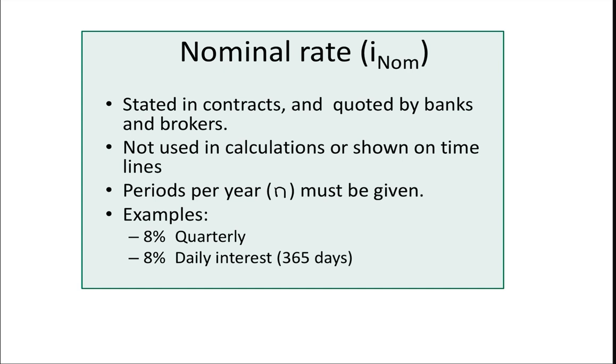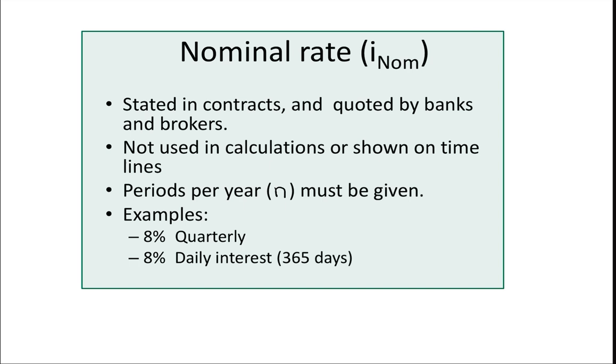So you would see this when you get a savings account and they say that the rate is 5.5%, or you have a car loan and your rate is 4.49%. Okay, that's not the rate that's used in calculations or shown on timelines. We need to know the periodic rate for that. We use the periodic rate for the calculations.